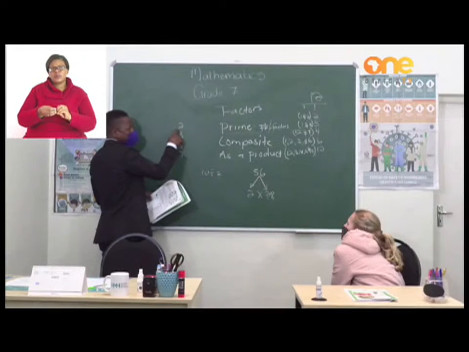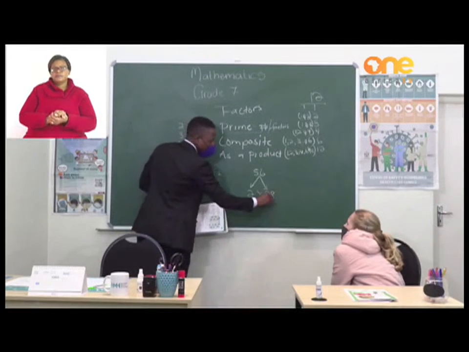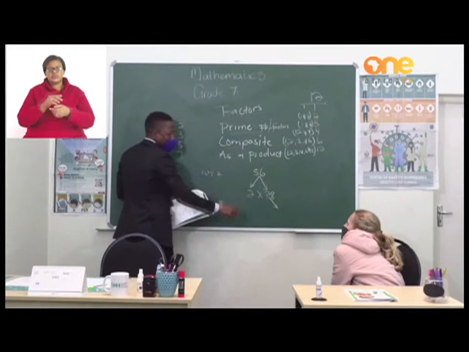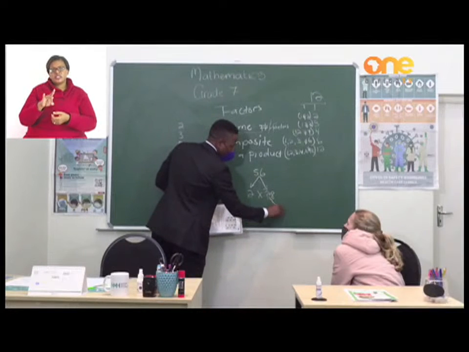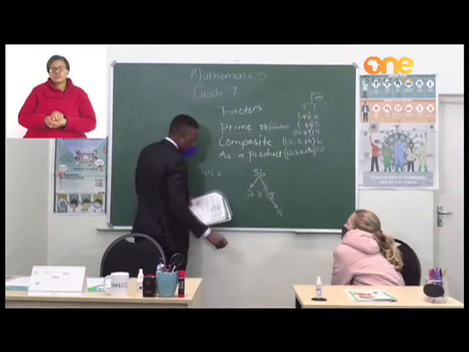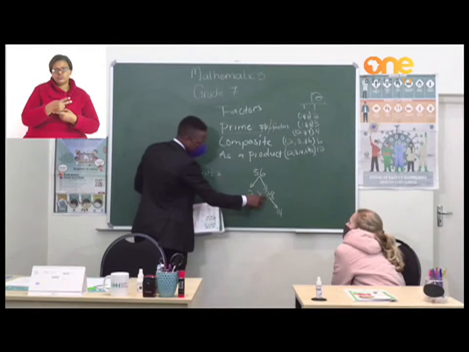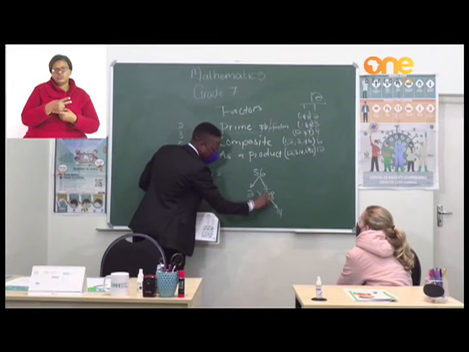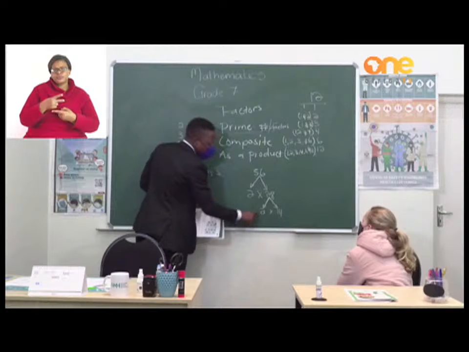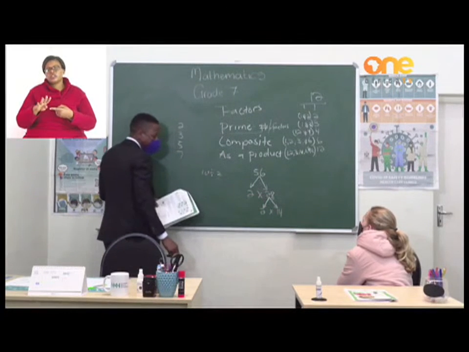So I'm still halving. If I halve 28, I will have 14. But what number must I multiply with 14 to get 28? Remember, we halved, so we have to multiply. 2 times 14 gives me 28.